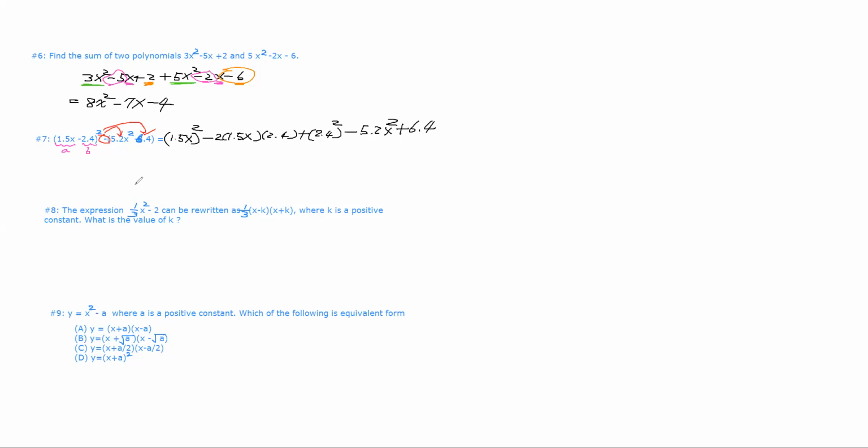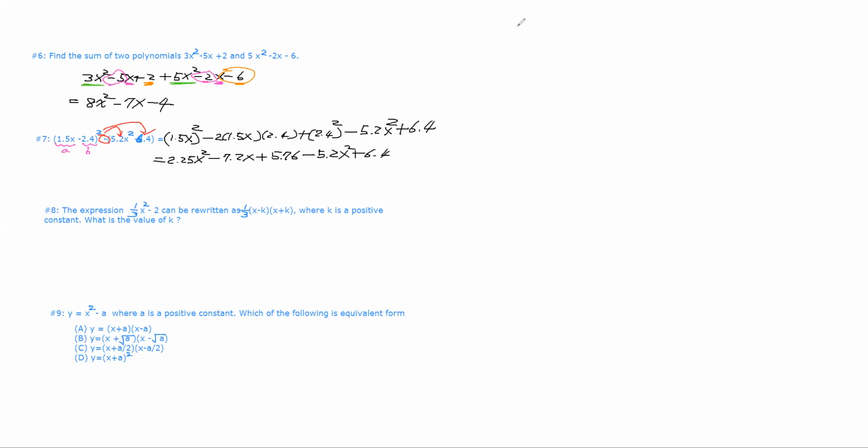Okay, so now let's simplify it a little bit. 1.5 to the square, you will get 2.25x squared. Then minus 2 times 1.5 is 3, and 3 times 2.4 is 7.2x. Then 2.4 squared is 5.76. And then minus 5.2x squared plus 6.4.